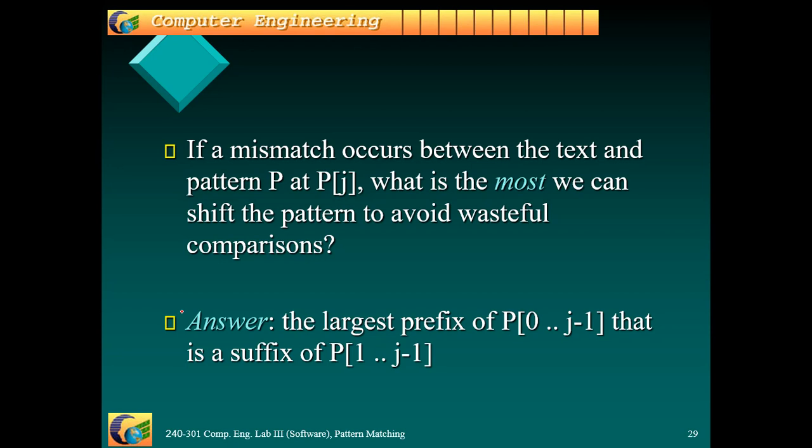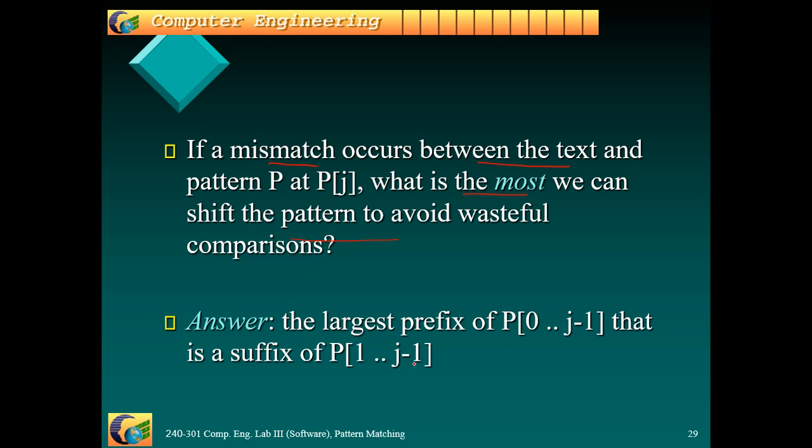Now, looking at how this particular algorithm works: if a mismatch occurs between the text and the pattern, the most we can do is shift the pattern to avoid wasteful comparisons. That's exactly our main aim.